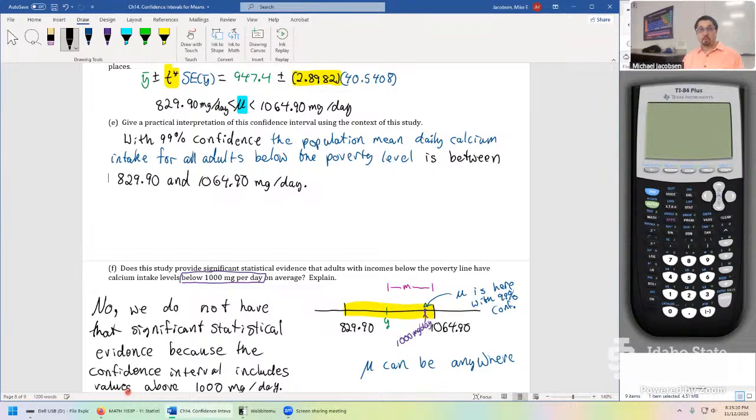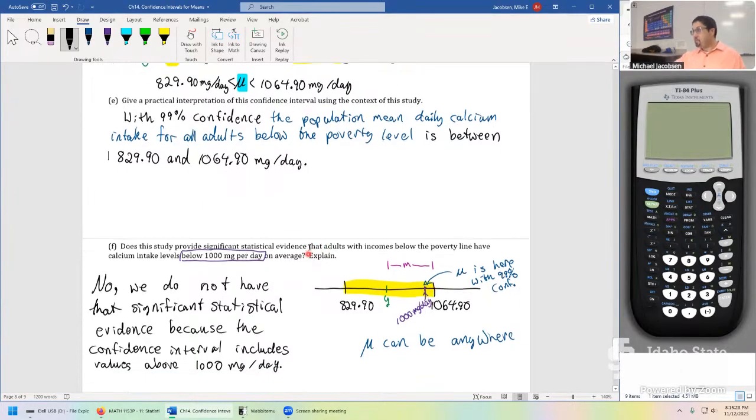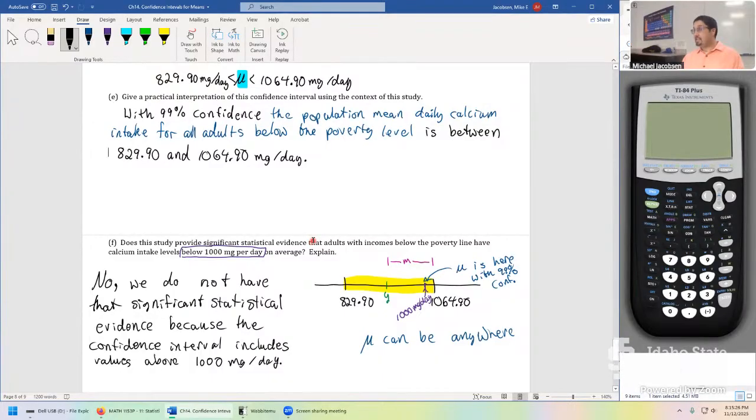So it's entirely plausible if we really have a correct confidence interval for mu at 99% confidence, if mu is in that interval, it's plausible it's at 1,000 or larger. Again, it's a tricky question. Does that make sense on how we would answer this one? Thinking it through the lens of statistics?